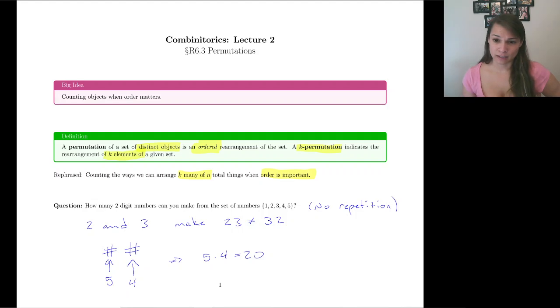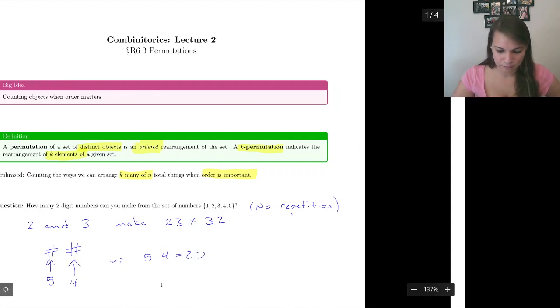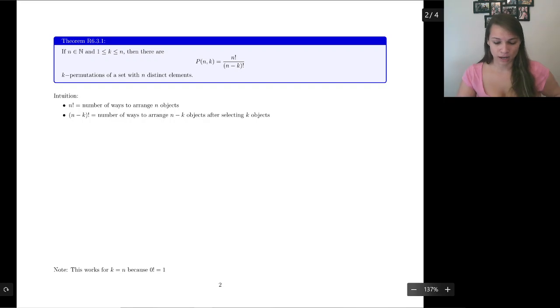We can generalize this rule though, so that we don't have to run through this every single time. In general, if you have n many elements and you want to arrange k many of them, we're not going to say we want to arrange 0 of them, so k starts at 1.